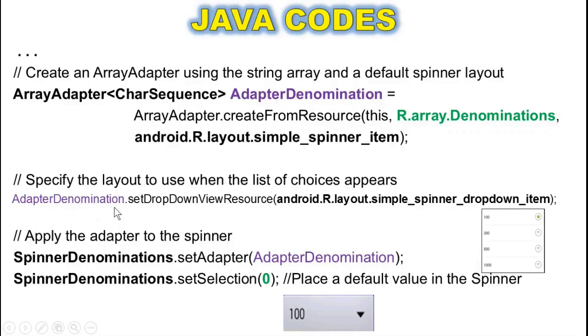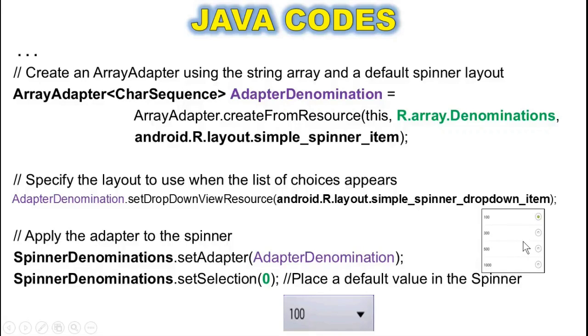adapterDenomination.setDropDownViewResource, and then I supplied the argument android.R.layout.simple_spinner_dropdown_item, and it will show like this.